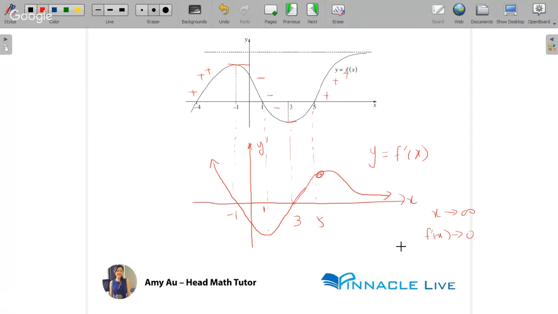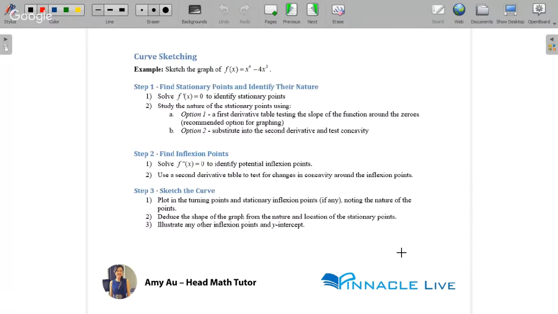All right, so getting to the juicy parts of this topic. How do you actually sketch the curve using calculus? This summary here, which is also in the student book that you can download from our website, pretty much summarizes the steps.